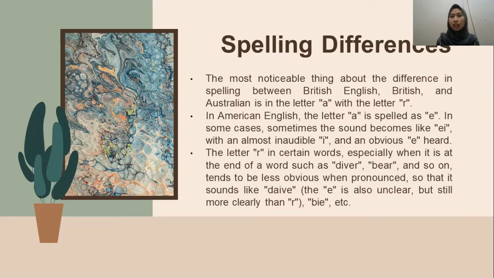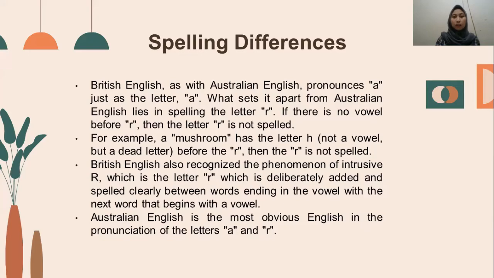The E is also unclear, but still more clearly than R. British English, as with Australian English, pronounces E just as the letter E. What sets it apart from Australian English lies in pronouncing the letter R. If there is no vowel before R, then the letter R is not pronounced.